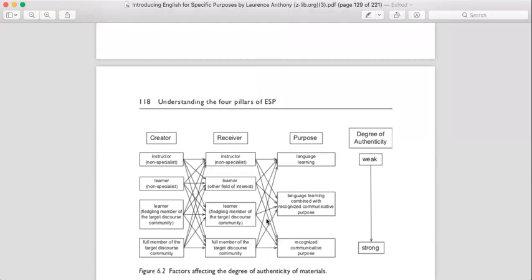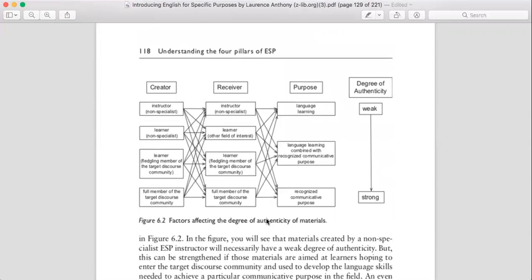Now, how authentic can a sample be? Okay, the degree of authenticity, you can look here. It can be very, very weak if it is created by a non-specialist instructor, and it is being received by some non-specialist, and especially the purpose of this sample is language learning.